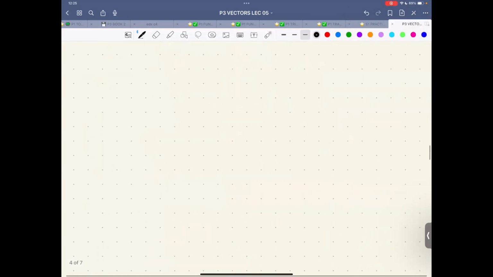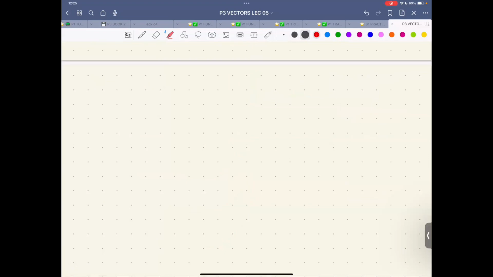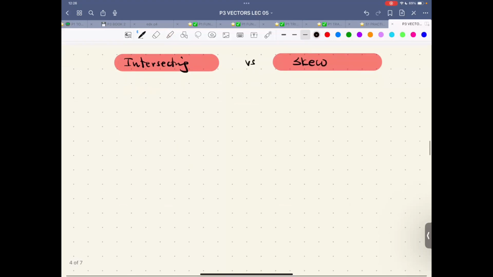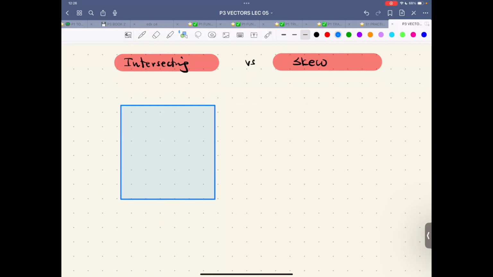Now, let me add a line and let me focus on intersecting. So when we talk about intersecting, let me compare it with skew lines. So what is the difference between the two? Theoretically, if I have this piece of paper, let's say it's a square piece of paper, and in it I draw two lines, one like this and another like this.